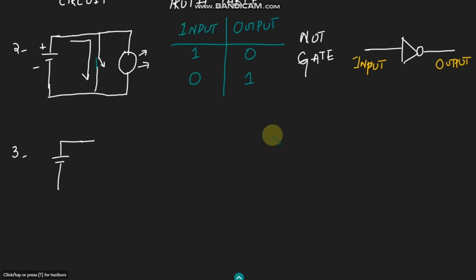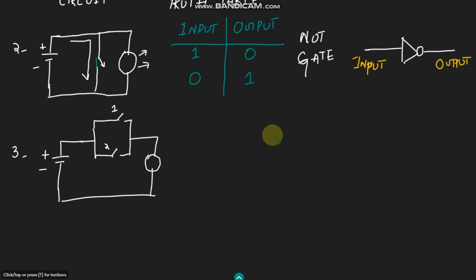Okay, and now we have again this light bulb which is connected with two sources or two inputs. Okay, so let me have this input 1 and this is the input 2 and this is the voltage.